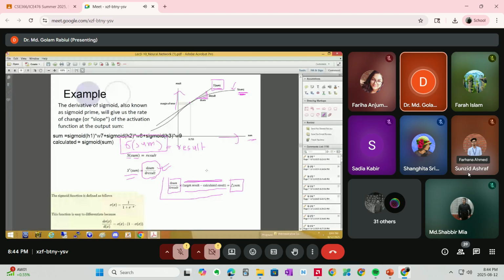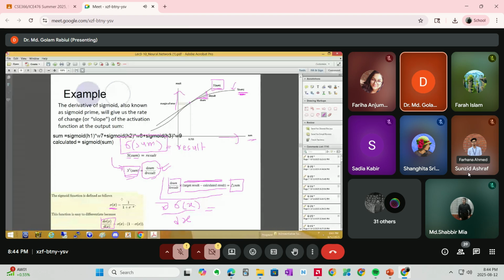Okay. Now we can see one thing is very interesting here. That is the sigmoid of the sum, or you can say the derivative of the sigmoid of the sum. What is the sigmoid? This is the sigmoid, 1 by 1 plus e to the power minus x. So if we take the derivative of this sigmoid, that is, the delta of our sigmoid function with respect to x, then this is the part.